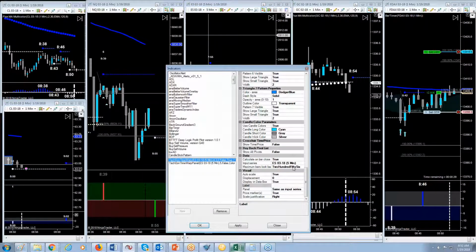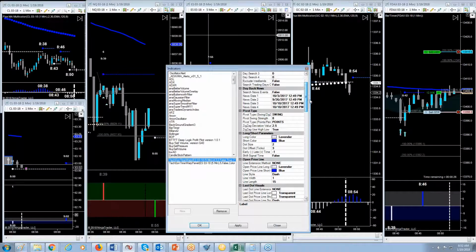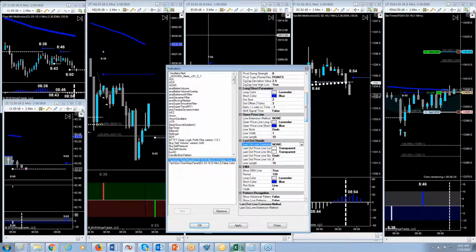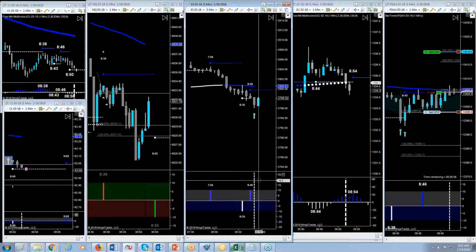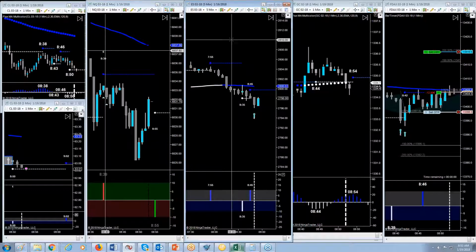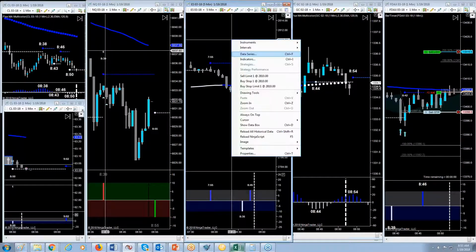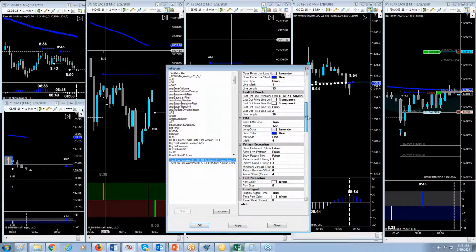I'm going to go ahead and put my last dot price on the ES. There we go. Reload NinjaScript. There's a glitch in the software where if I turn my patterns off, it's still showing up in the code once the indicator refreshes.